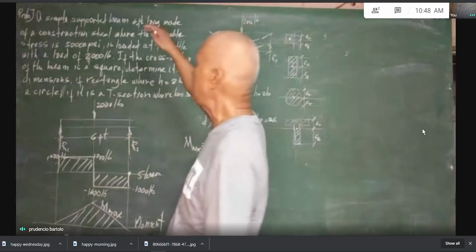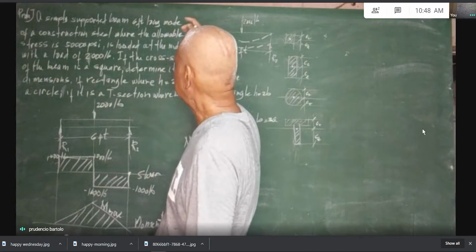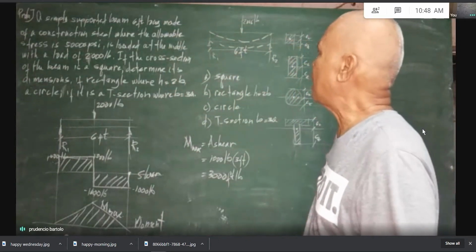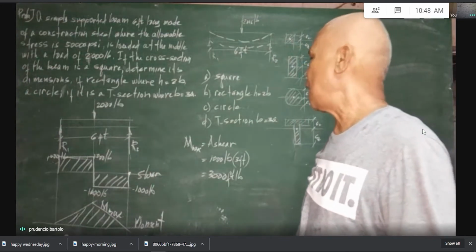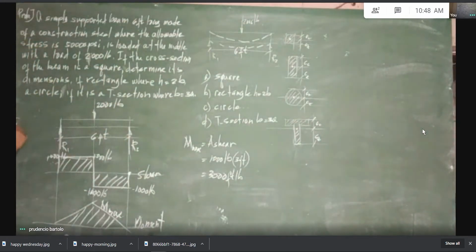Now, as is stated in here, a simply supported beam, 6 feet long, made of a construction steel, where the allowable stress is equal to 50,000 psi, and it is loaded at the middle with a load of 2,000 pounds.